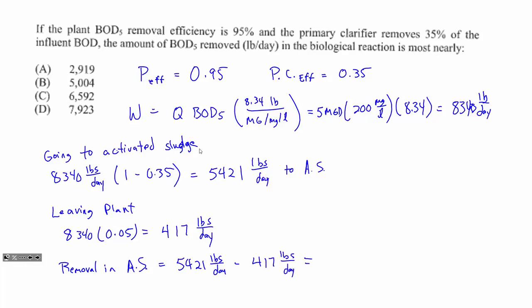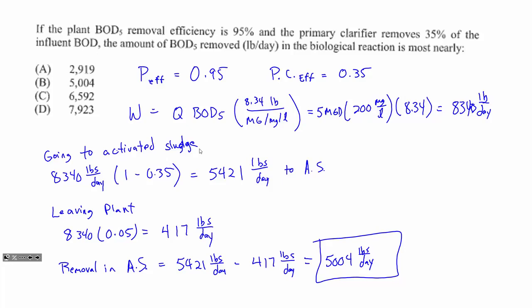We end up seeing that we have 5,004 pounds per day removed in that activated sludge process. Any questions on that one? I know you guys haven't seen this yet, but we'll be talking about that more a little later in the semester.